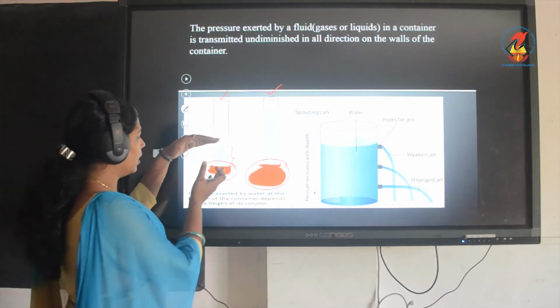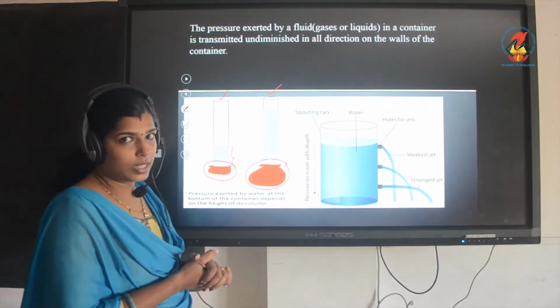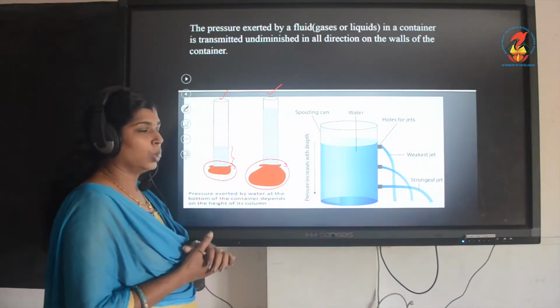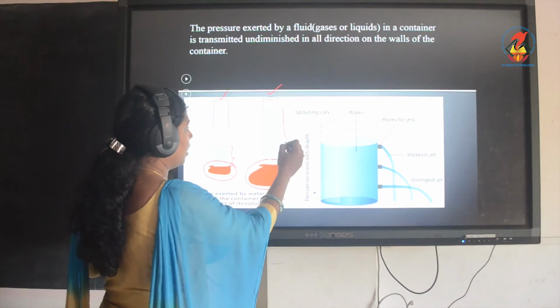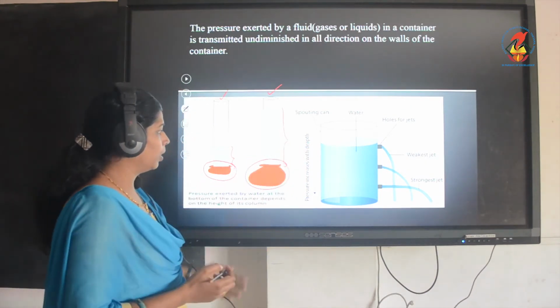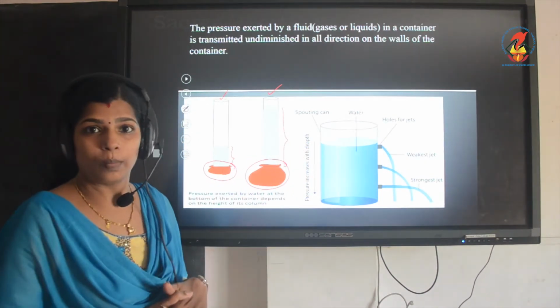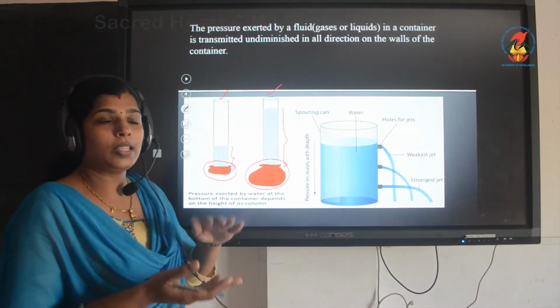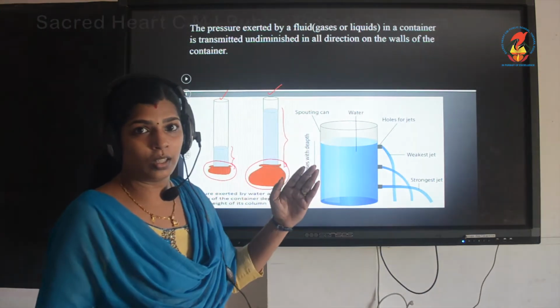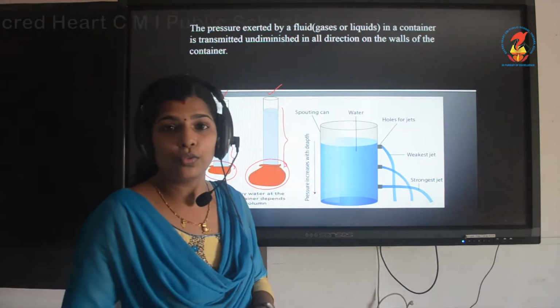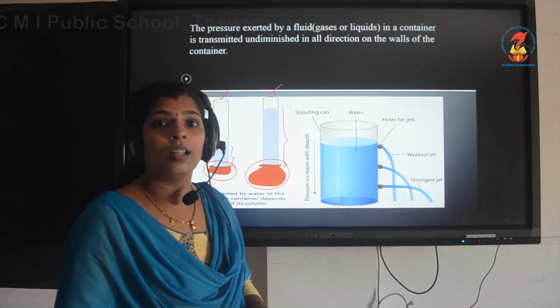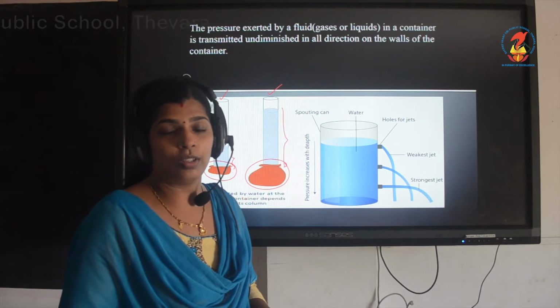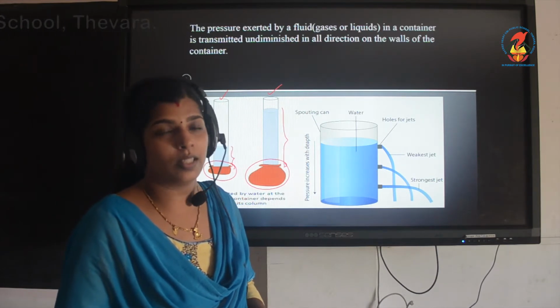Here you can see the height of the liquid level is less and the bulge is also less. In the second diagram you can see the height of the liquid level is more and the bulge is also more. So when the height of the liquid level increases, the downward pressure also increases.